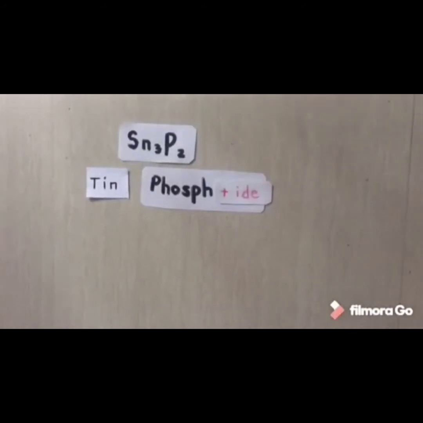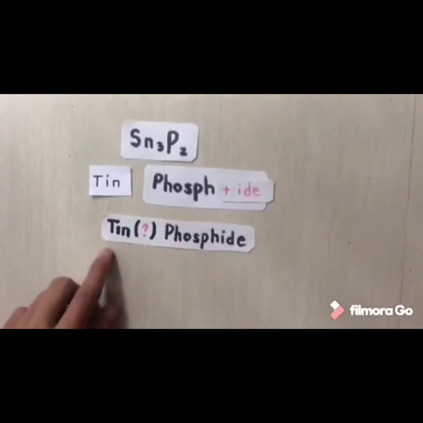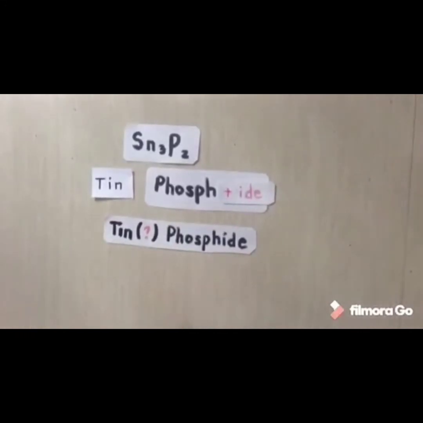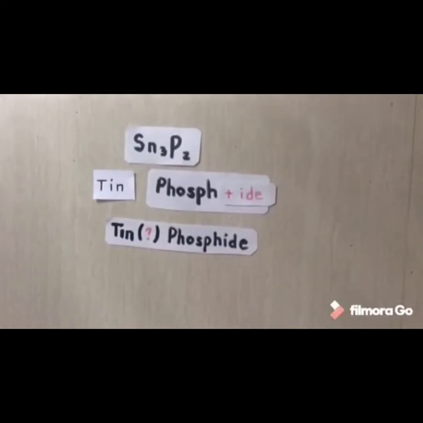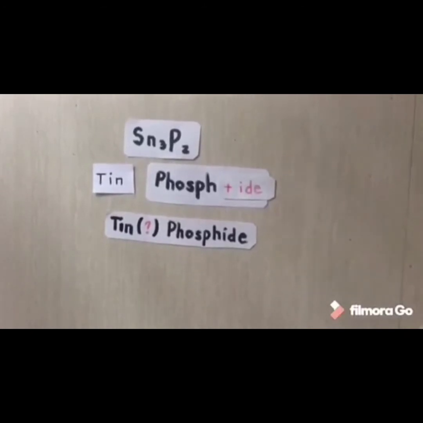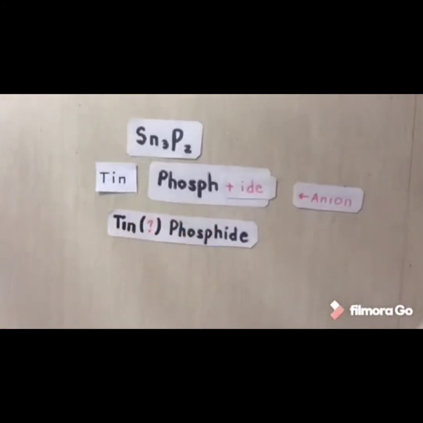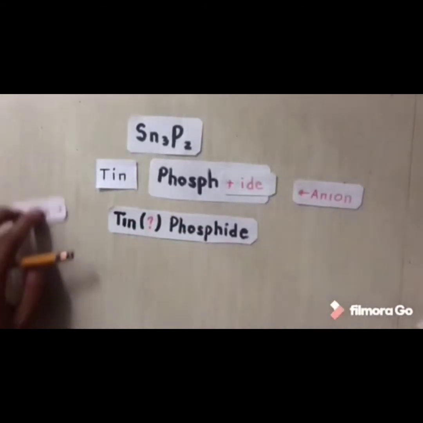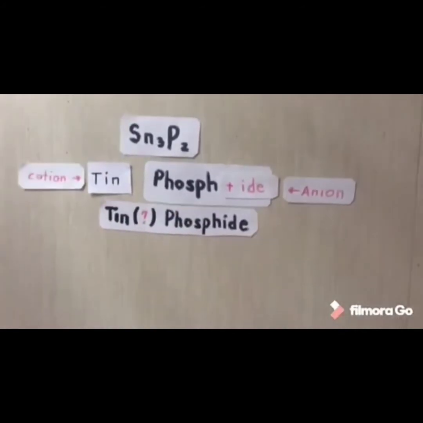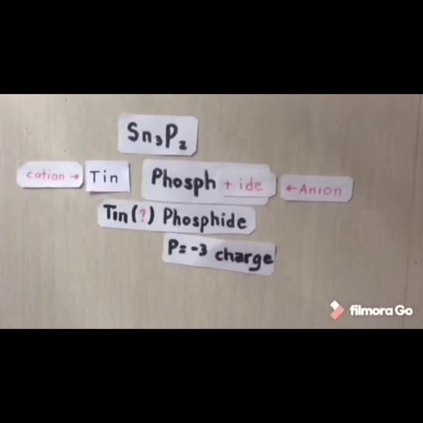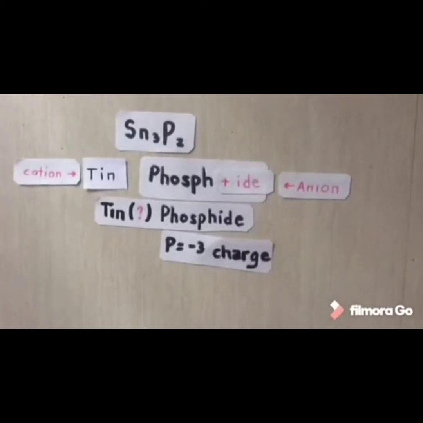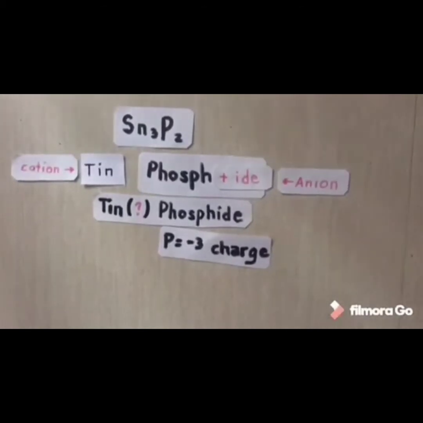At this point, we have tin blank phosphide. To find the Roman numeral, find the charge of the anion. The anion of this example is phosphide, and the cation is tin. P has a negative 3 charge. Multiply times the number of those atoms to get the total negative charge.